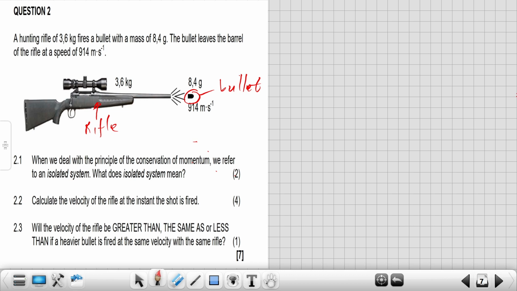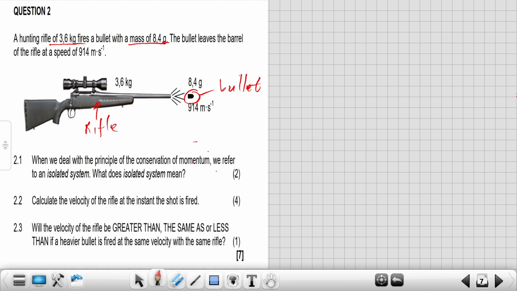that will assist us to get to the correct answer. So they are saying here, a hunting rifle of 3.6 kg fires a bullet with a mass of 8.4 grams. So that's where the problem comes. Already my mass is in grams, so I must convert it to kg.